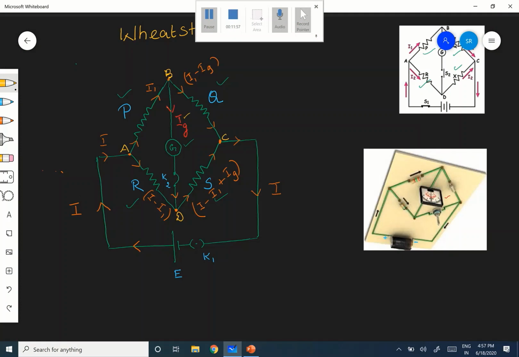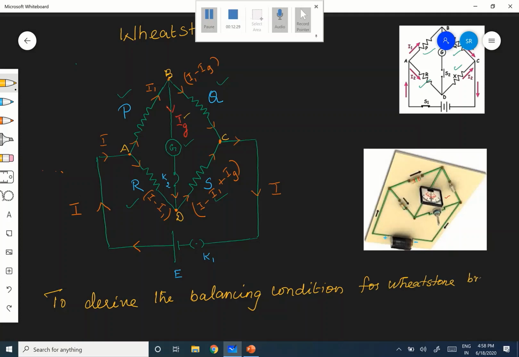So what is the condition for that? Now the condition we are going to derive. What is the balancing condition for the Wheatstone bridge? Now we are going to derive the balancing condition for the Wheatstone bridge.